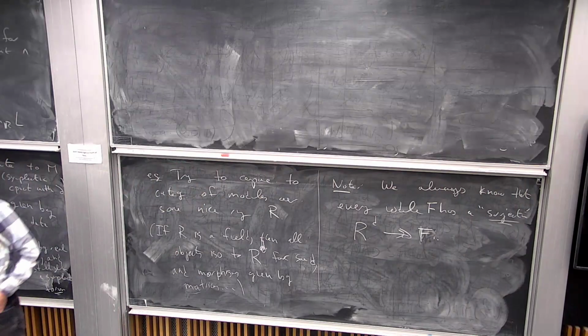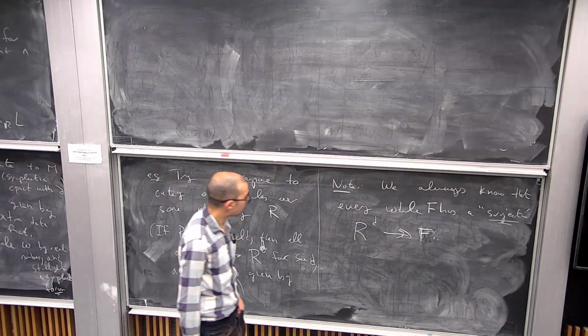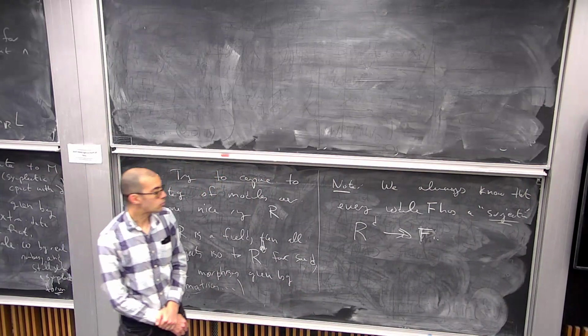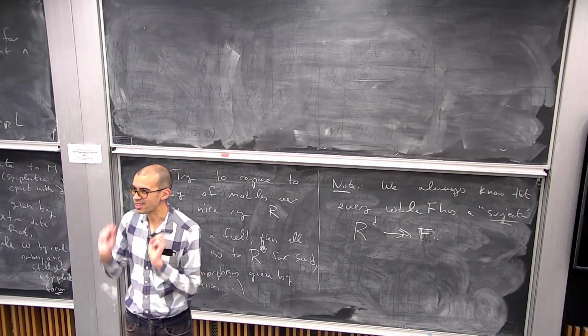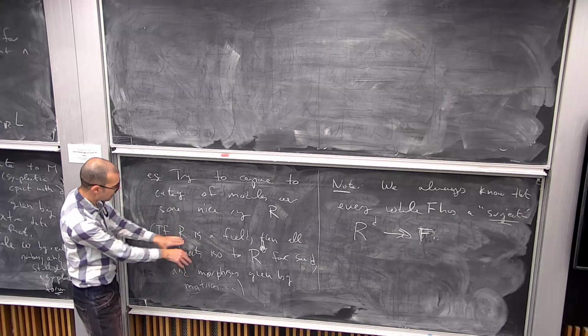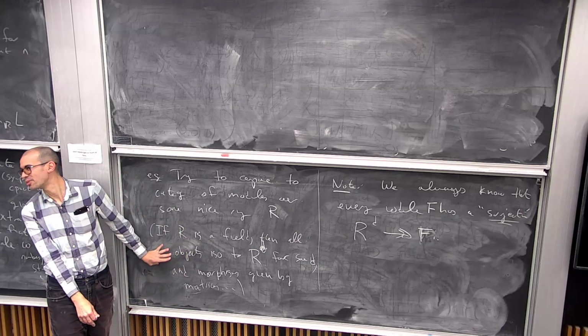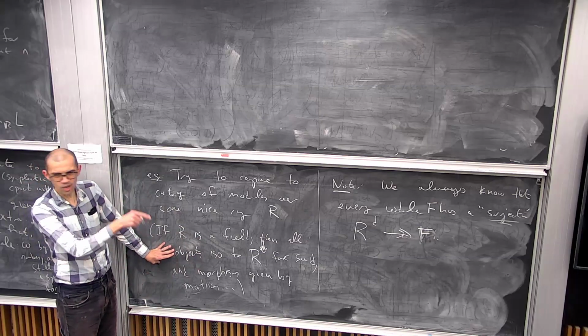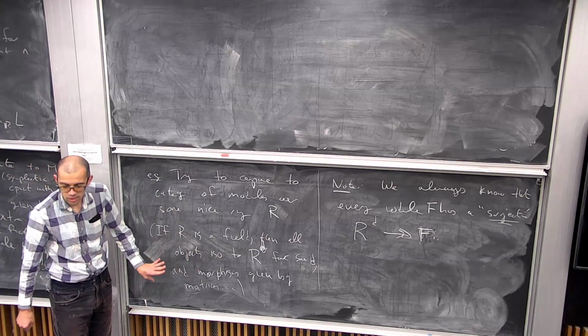Now, why am I saying all of this? I'm saying all of this because we don't have something like this for Fukaya categories. So when we say we want to compute Fukaya categories, it doesn't mean we're trying to get to this. That's too hard. We're not going to be able to say these are all the objects in the Fukaya category, and these are all the morphisms between them, and these are all the compositions. It's just completely hopeless.